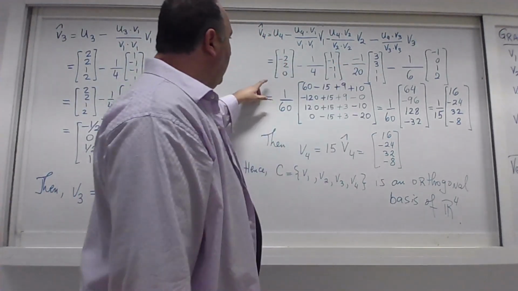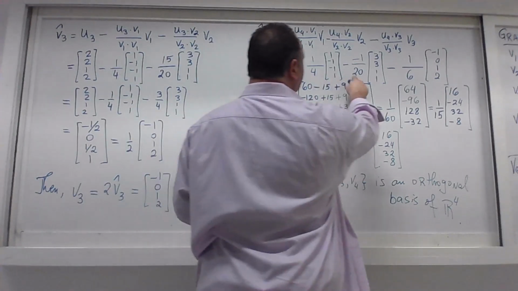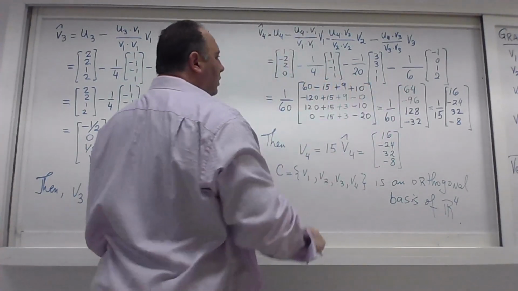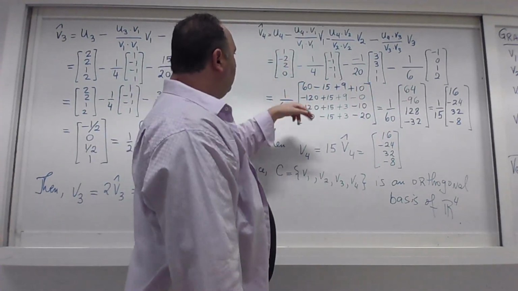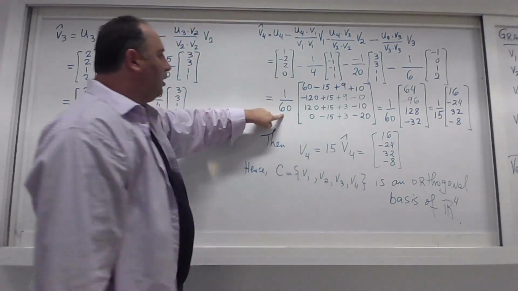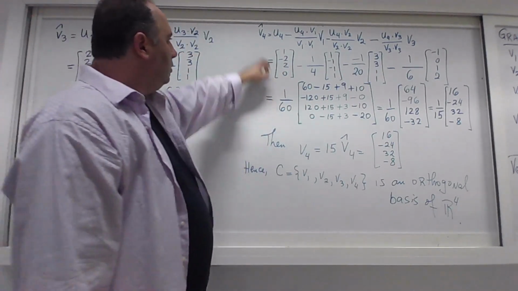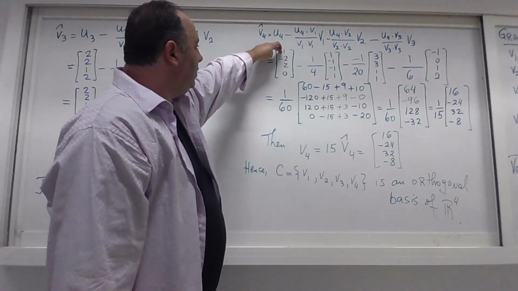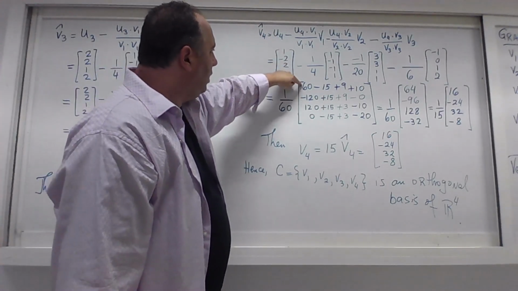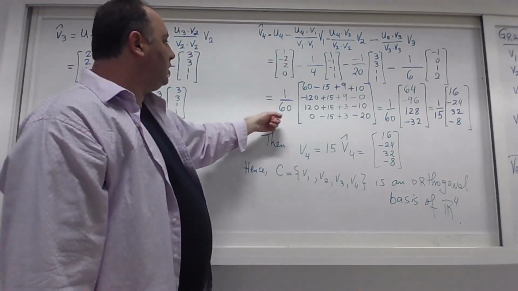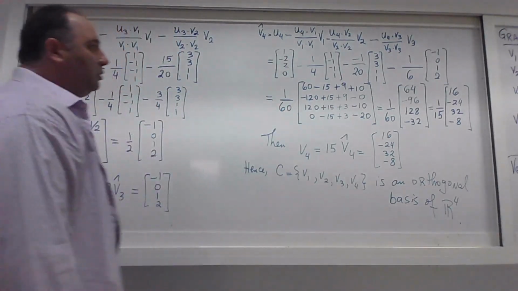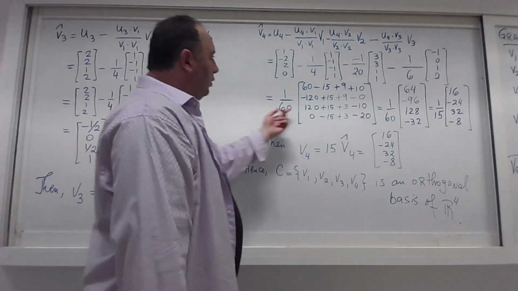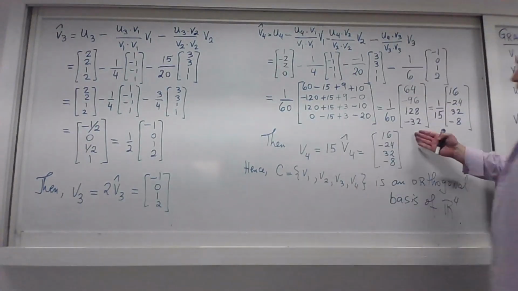Hopefully there's no error. And then I see the only common factor here is 60. So I'll try to bring everything out of 60. So this guy is 60 over 60. So that's why we have 60 here. And basically what I'm doing is just making sure that I have common denominator 60 and then doing all the computations. I get this.